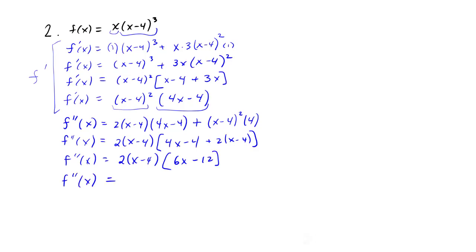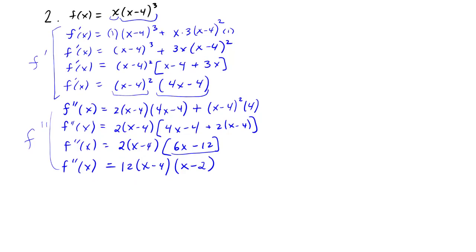And then finally, I will factor out a 6 from in here. So I get a 6 times 2, I get 12, (x minus 4) times (x minus 2) when I take the 6 out. Okay, there. All of this was getting the second derivative, but now I have it. Now the rest should flow pretty nicely.